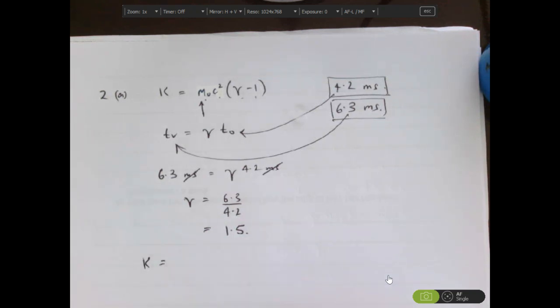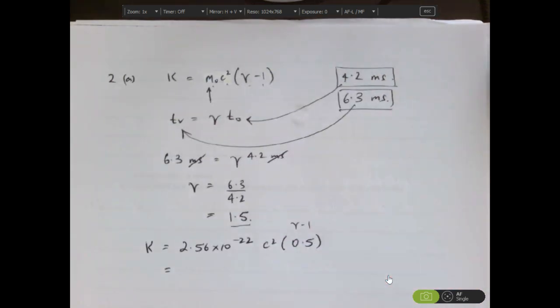So now we have a gamma factor, so I can find the kinetic energy. The kinetic energy is equal to the rest mass, which is 2.56 by 10 to the minus 22, times c squared, times gamma minus 1. Gamma is 1.5, so gamma minus 1 is 0.5.